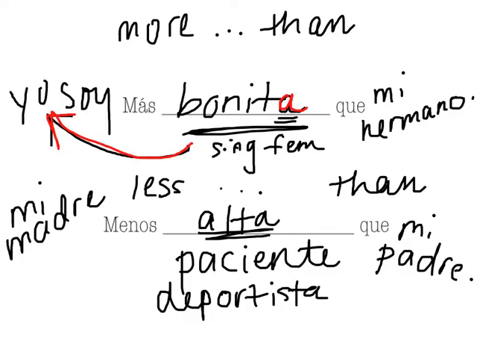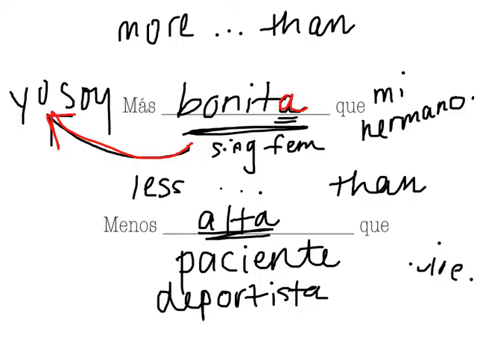Okay, but remember that if we were to change this sentence around, let's erase some of this real quick, and put something masculine in the front so we can see how that would look. Okay, so if I wanted to say instead, mi padre es menos blank que mi madre, I could leave paciente and I could leave deportista because neither one of those changes based on masculine or feminine.